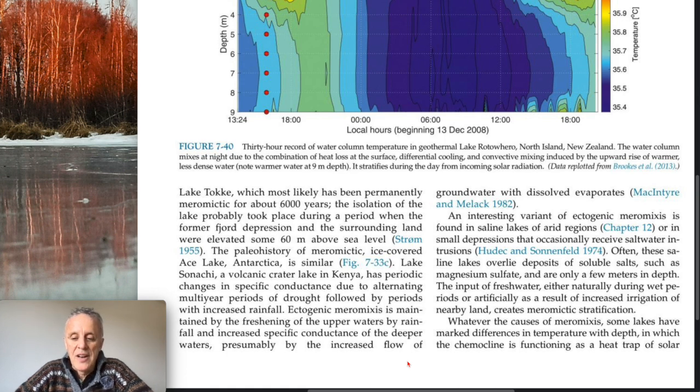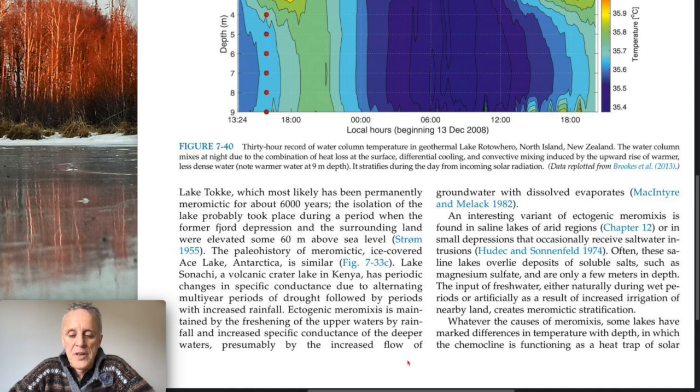An interesting variant of ectogenic meromixis is found in saline lakes of arid regions or in small depressions that occasionally receive saltwater intrusion. Often these saline lakes overlie deposits of soluble salts such as magnesium sulfate and are only a few meters in depth.